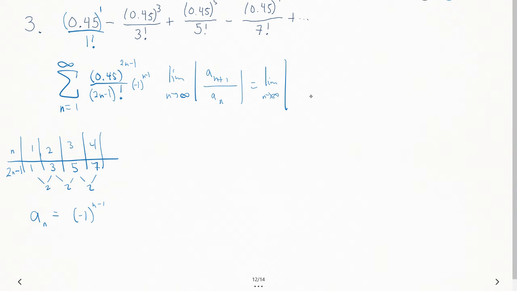Then you have 0.45 to the 2n minus 1 all over 2n minus 1 factorial. So that means a sub n plus 1, we're replacing every n. You might want to get in the habit early on, you'll get better at it in time, but replace every n with n plus 1, and put it in parentheses.